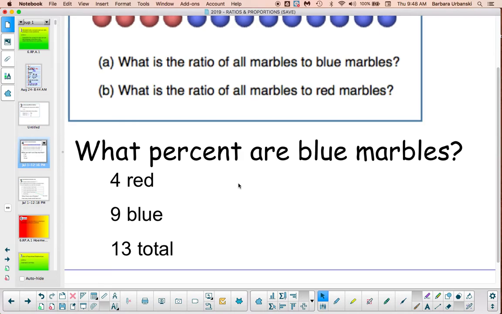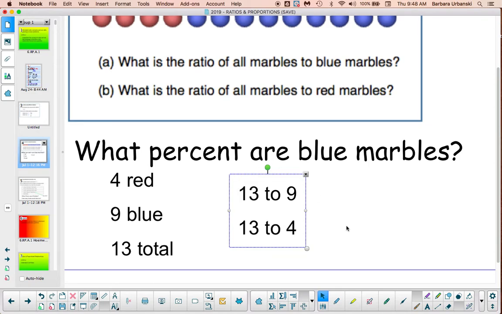So you'd have 13 to the number of blue, which is 9. And then what is the ratio of all marbles to red? Again, all marbles would be 13, and then the red would be 4. So that's how you would write it.